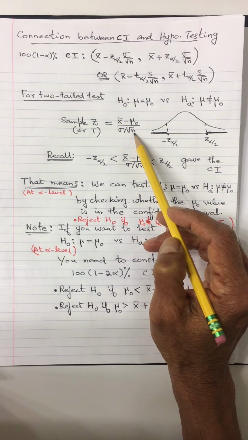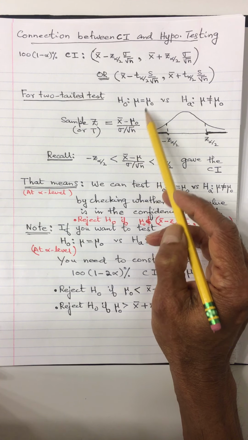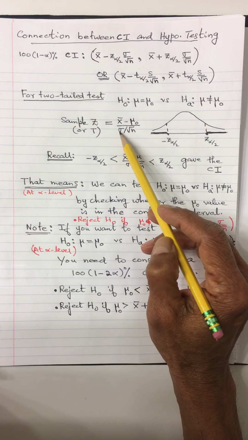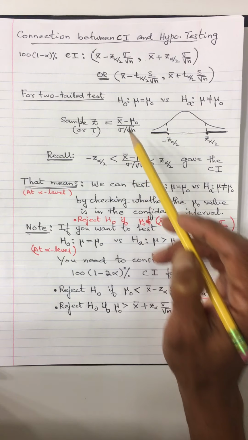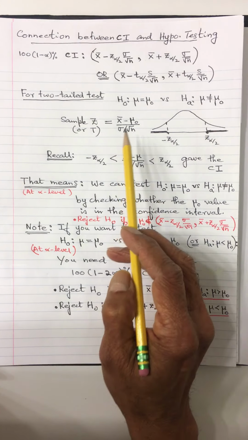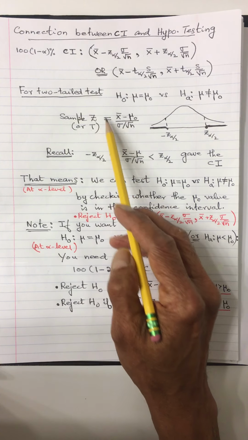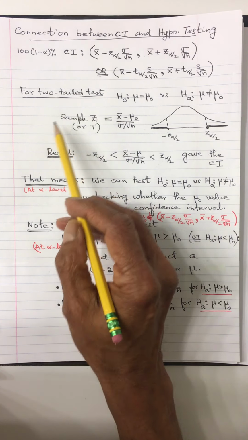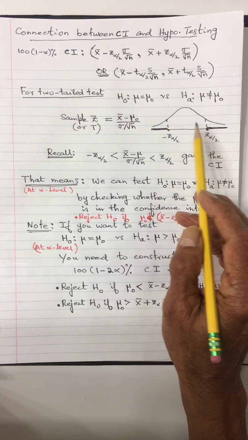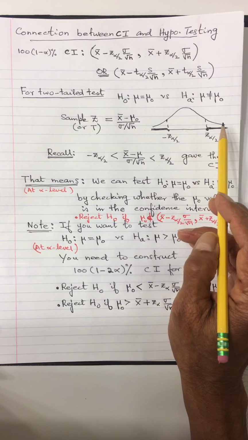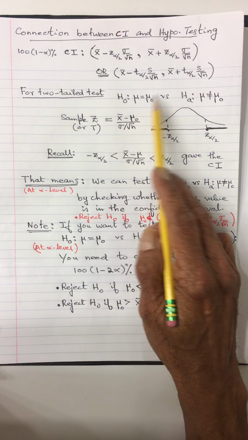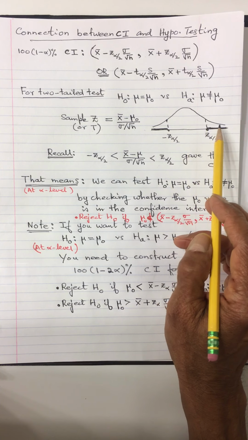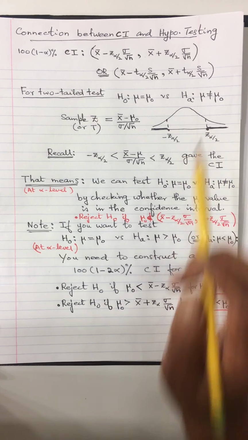This uses the mu naught value, the x bar, and either sigma or s. When you calculate this, if the value falls in the rejection region, depending on the alpha level, where you split the alpha into 2, then you reject the null and accept the alternative.